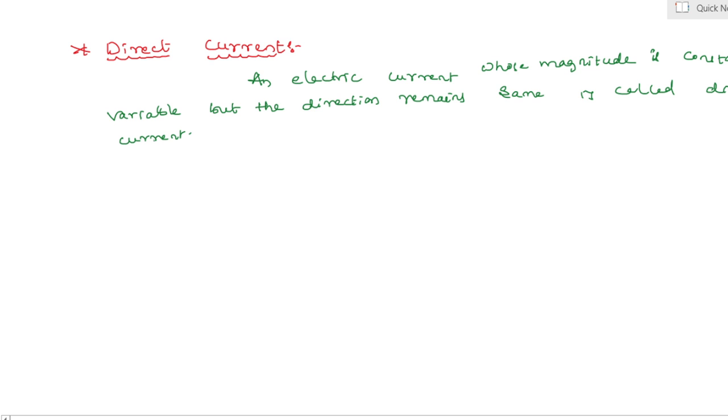Here only the magnitude is constant or variable, but the direction remains the same. That is termed a direct current.